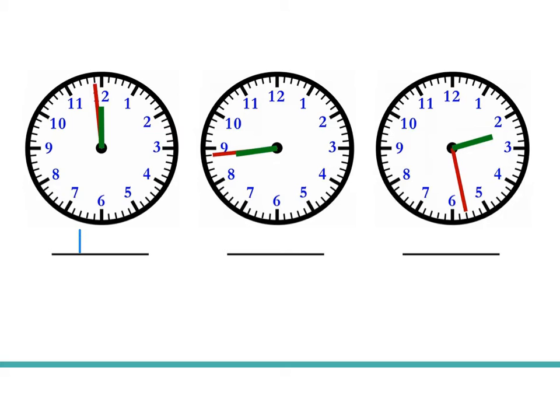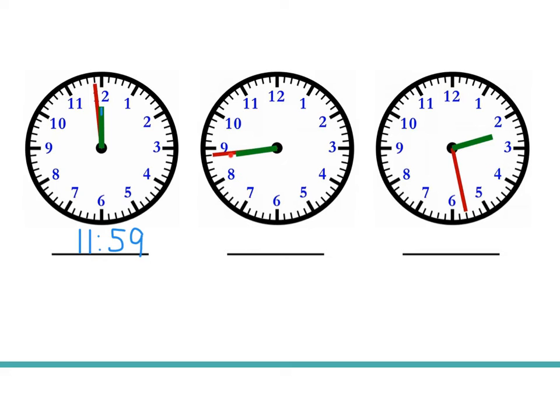So the shorthand is telling us it's still in the 11 o'clock hour. It's not quite to the 12. And then it is 59. So that means in 1 minute, when the red minute hand gets to here, it will be 12 o'clock. So it's 1 minute before 12 o'clock.